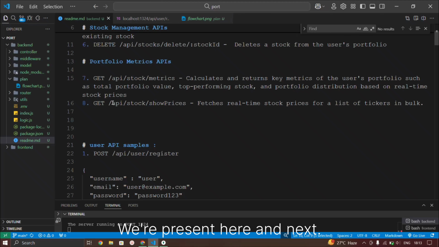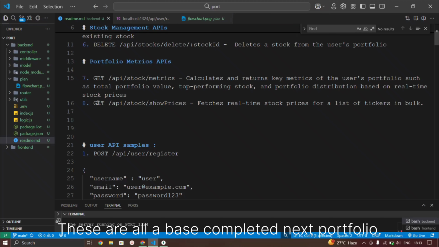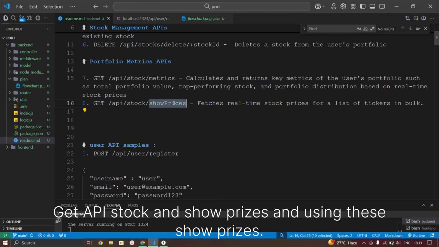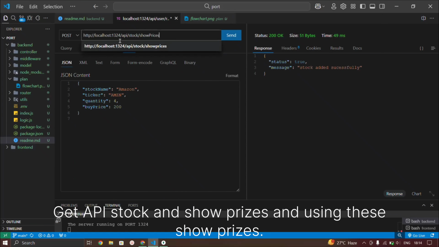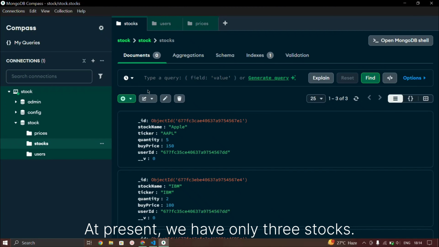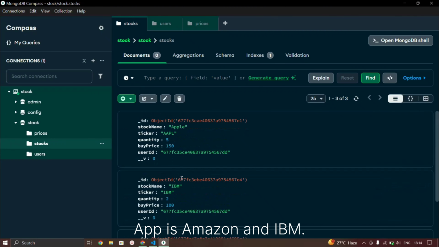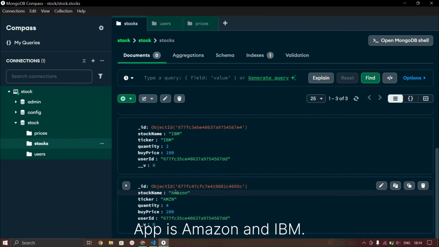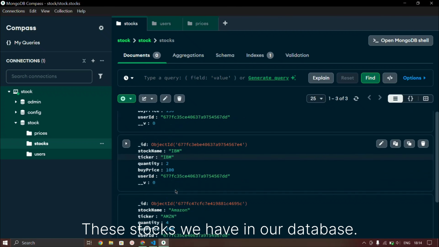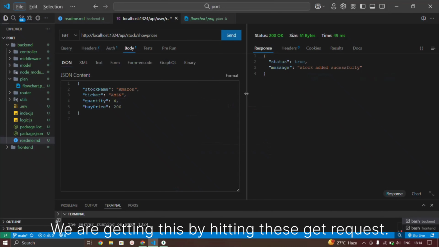Next, portfolio metrics. The first is the GET API, stock show prices. Here, at present, we have only three stocks: Apple, Amazon, and IBM. These stocks we have in our database. We get this by hitting this GET request.